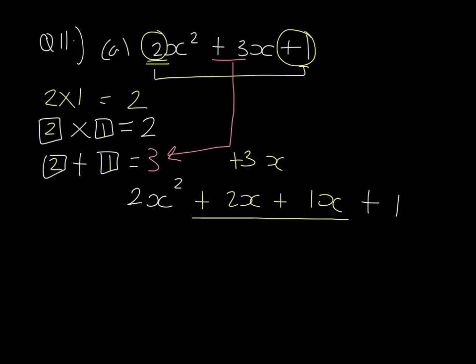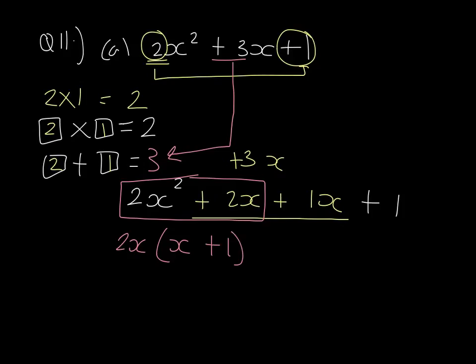We then take these first two terms and factorise out the 2x, so 2x bracket x plus 1. Now we know that this x plus 1 is going to be repeated as a factor over here, so we write it down, x plus 1 again, and then we look at the second pair of terms.